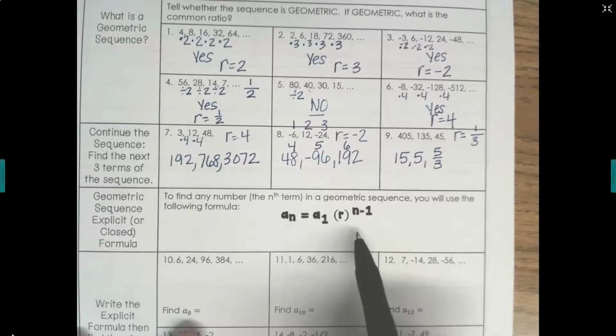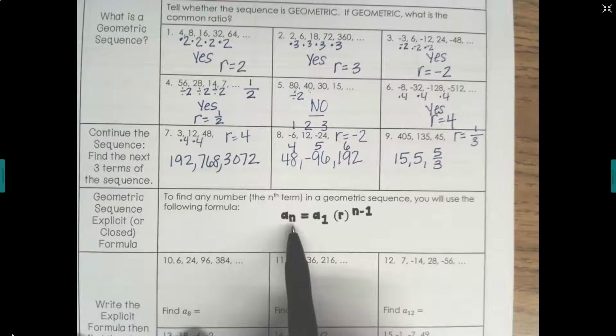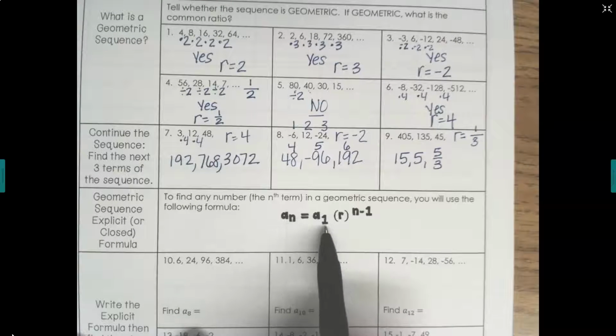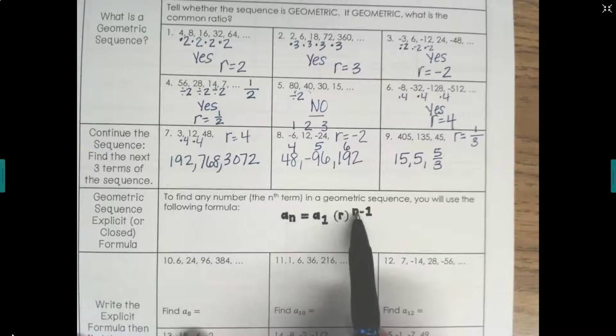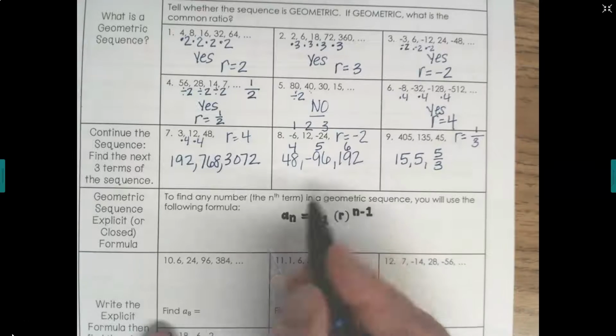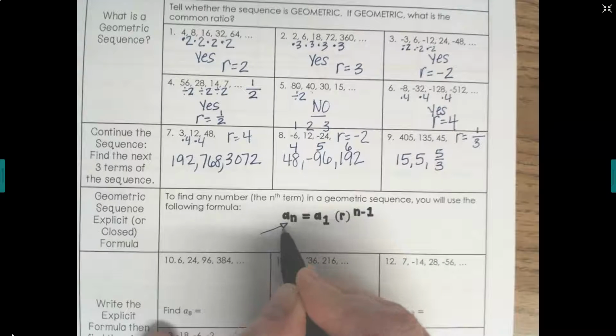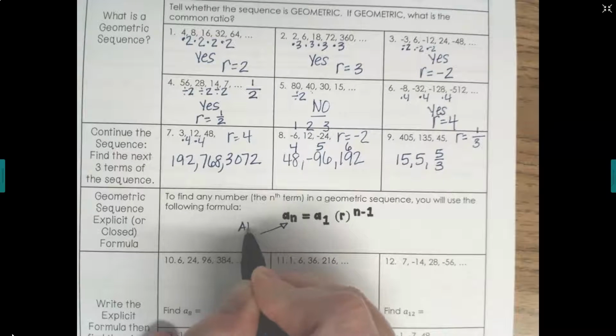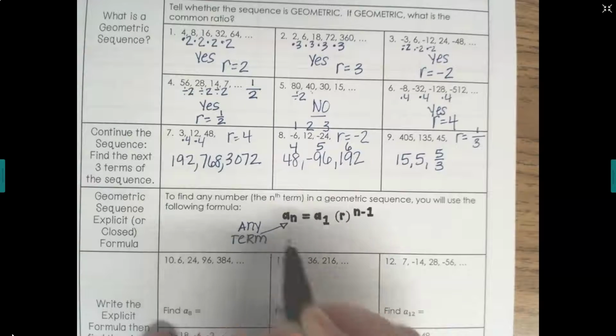And so here's our formula. It's a sub n equals a sub 1 times r raised to the n minus 1. So to find any number, which is the nth term, so a sub n means any term. It's kind of like saying y equals to find any y.